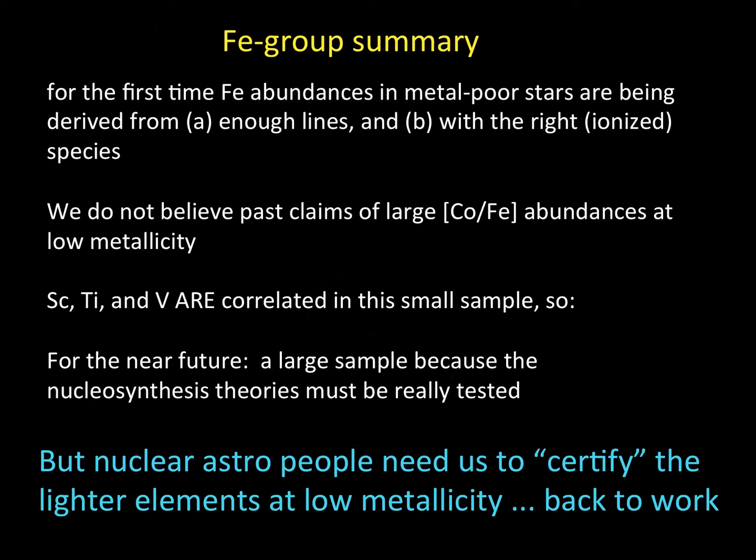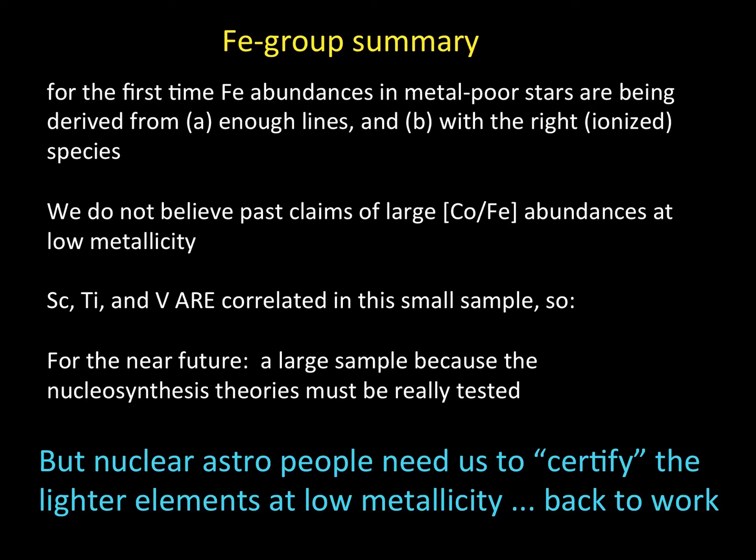With this summary, we believe that we're on to something new with the iron group elemental abundances. We believe that this will help nuclear astrophysicists. In particular, there's been an awful lot of theoretical work to try to explain the large cobalt to iron abundances at low metallicity.